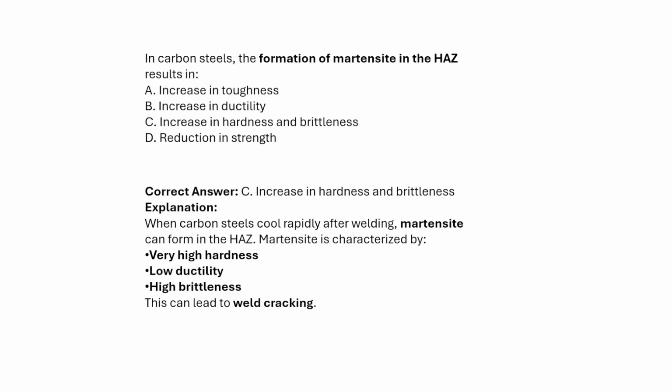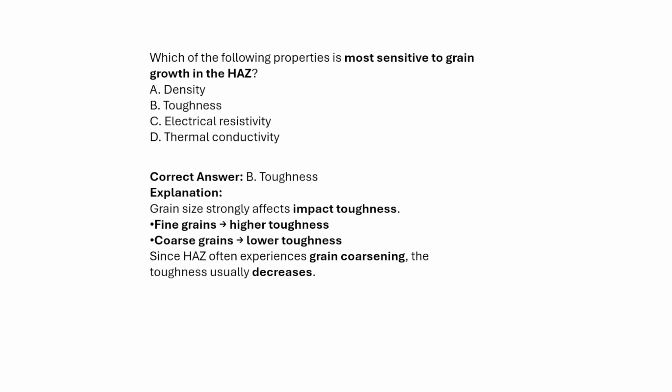When carbon steel is cooled rapidly after welding, martensite can form in the HAZ. Martensite is characterized by high hardness, low ductility, and high brittleness, and can lead to weld cracking. Okay. Which of the following properties is most sensitive to grain growth in the HAZ?